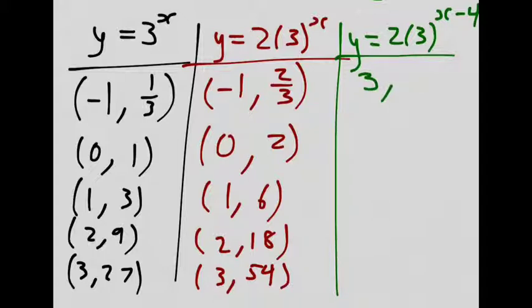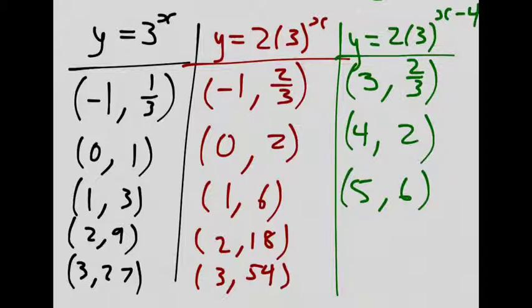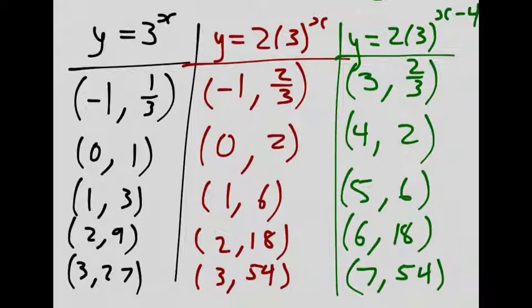Then I take the next point and I'm only adding 4 to the x. That's it. So it becomes 4, 2, and then 5, 6, 6, 18, 7, 54. So this right column here, these are the points that I'm going to plot for my transformed function. Those are the only ones I have to worry about for my final transformed function.